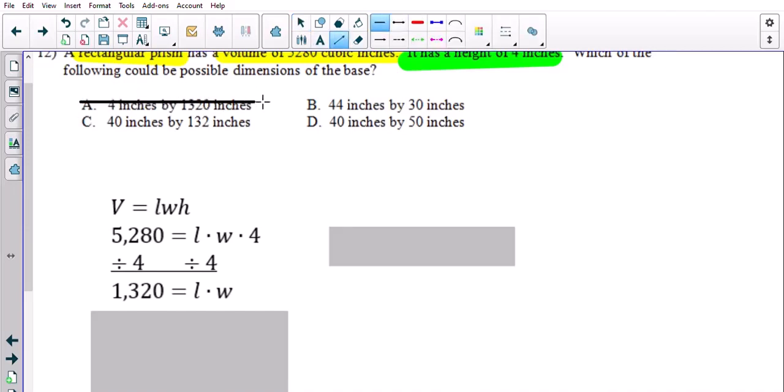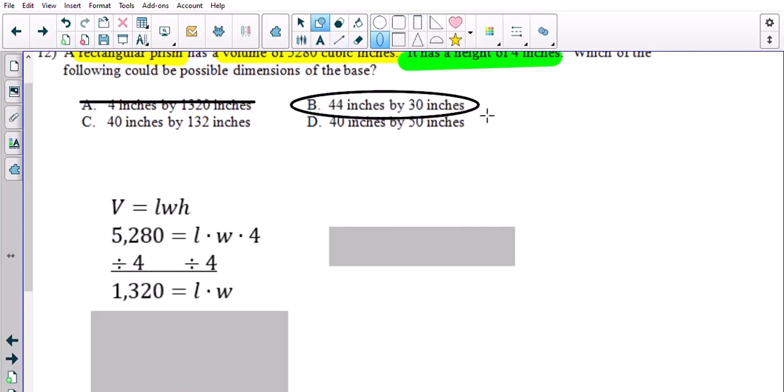Let's go to choice B. We've got to take 44 times 30. That gets me 1,320. So that tells me that those could be dimensions of the base of this rectangular prism. I'm just going to do C and D just to prove that those are not going to be dimensions of the base. So in letter C, if I do 40 times 132, it gets me 5,280.